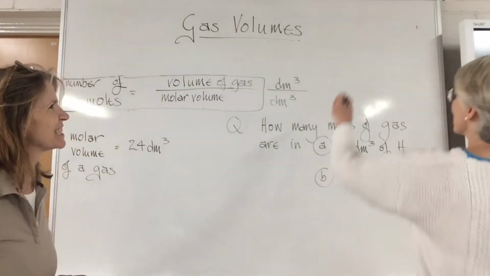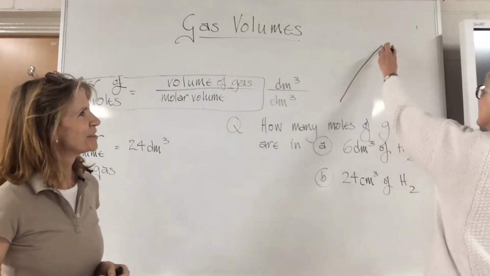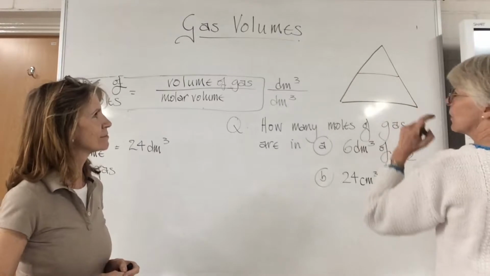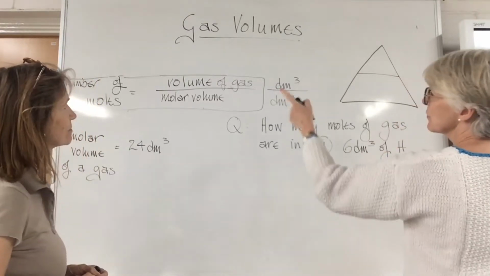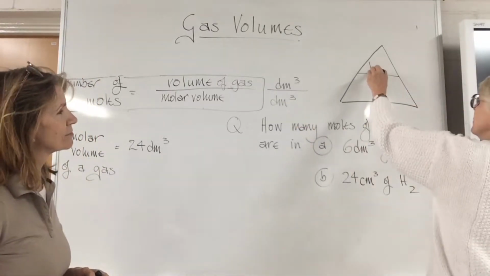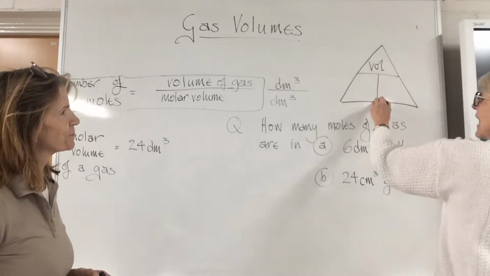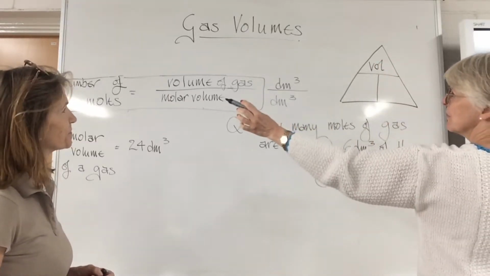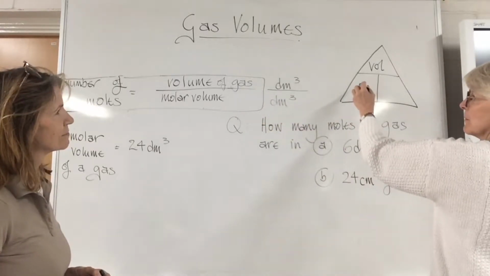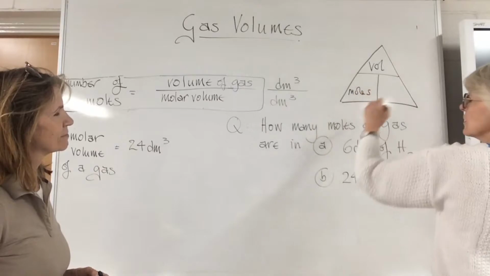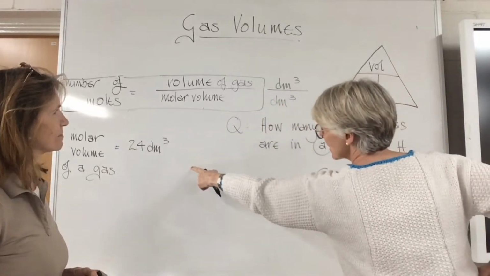So if we want a triangle, we'll draw our triangle here so that we know what we've got. We want to work out the volume of the gas. That's volume of gas. It's number of moles times the molar volume. So this is moles here. And you told me that the molar volume is 24.